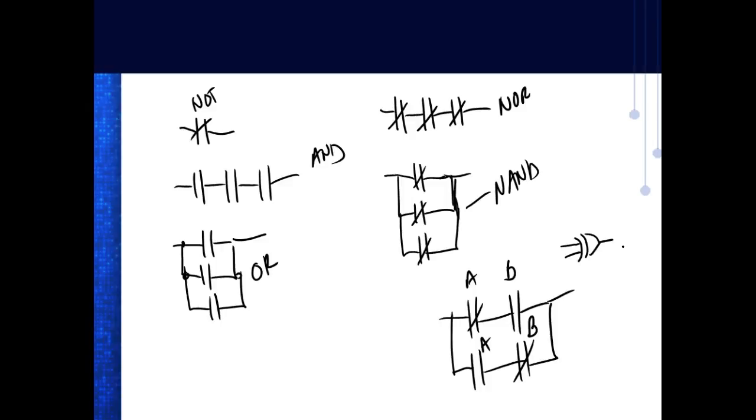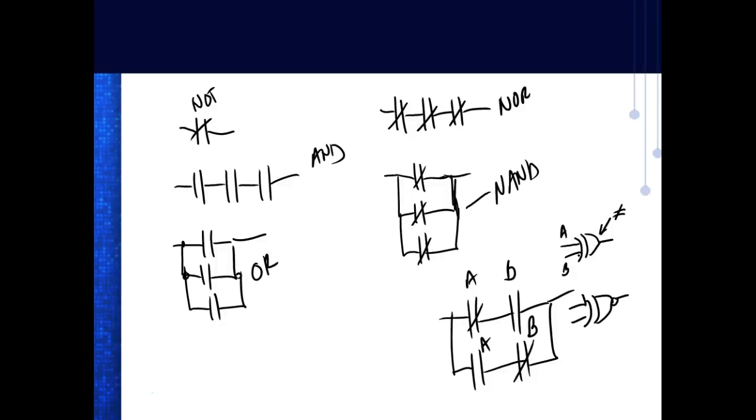Now the output of the symbol, if it's got a bubble on it, that means it's low active. It's true when it's low. If it doesn't have a bubble, it's high active. What these guys do is tell you what goes on if the two inputs are not equal. So if I call this A and I call this B, if the inputs are not equal, the output will be high.